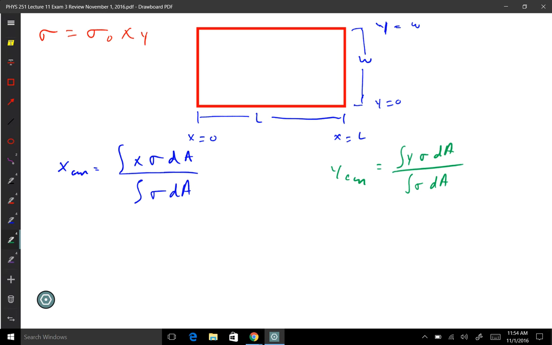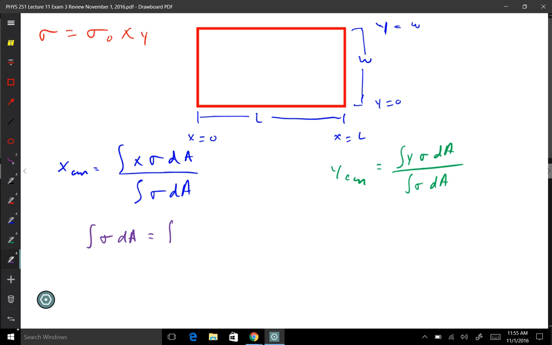So I have basically 3 integrals to do here. Let's do those 3 integrals as separate integrals and then combine things. First, the integral of sigma dA. For a 2-dimensional space, what is my dA going to be using Cartesian coordinates? dx times dy.